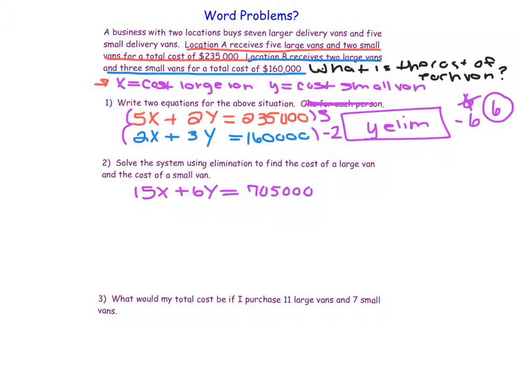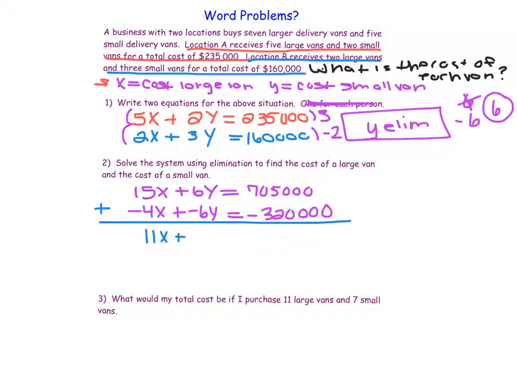So 2x times negative 2 is negative 4x, plus 3y times negative 2 is negative 6y, is equal to 160,000 times negative 2, which is negative 320,000. Now I'm going to utilize the elimination strategy by adding the two together. So 15x plus a negative 4x is 11x, plus 6y plus a negative 6y is 0y, so I'm not even going to write that in there for very long.